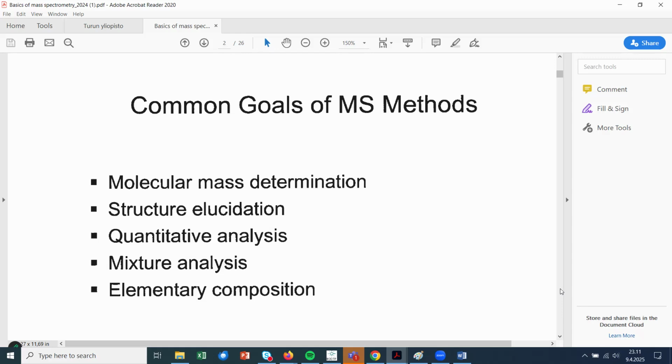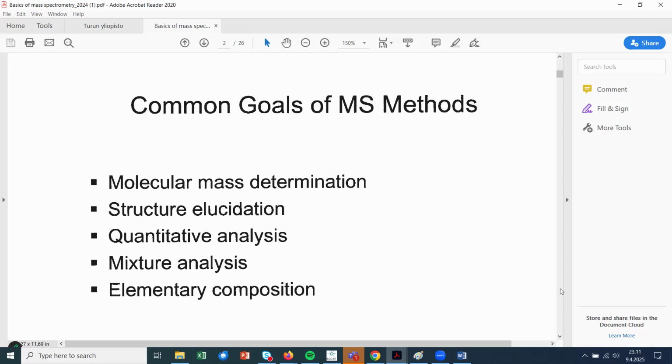It can also be used for quantitative analysis. If we have a large intensity in our mass spectra, we can compare those responses to each other. The peak areas, for example, as I was explaining in the chromatograms, we can also calculate from the mass spectrometric data to get the quantitative analysis.